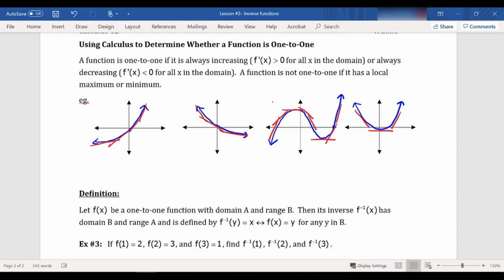So you'll notice for the first graph, this graph is always increasing. All of our tangent lines would have positive slopes, which means f prime would be bigger than 0. Positive slope means f prime is bigger than 0. The next graph, you would have all negative slopes, meaning f prime is less than 0.